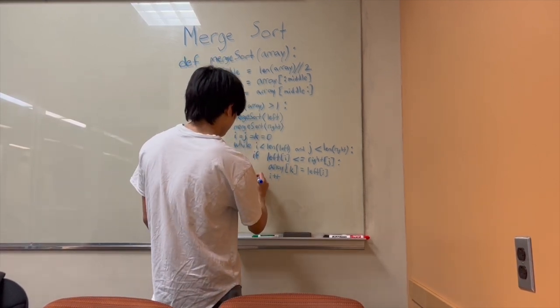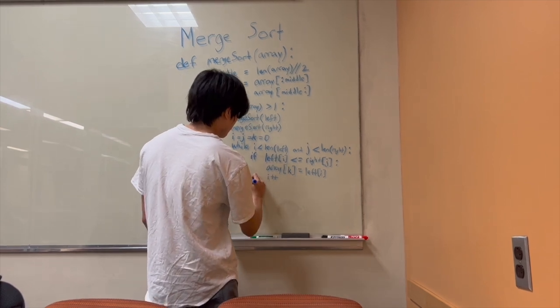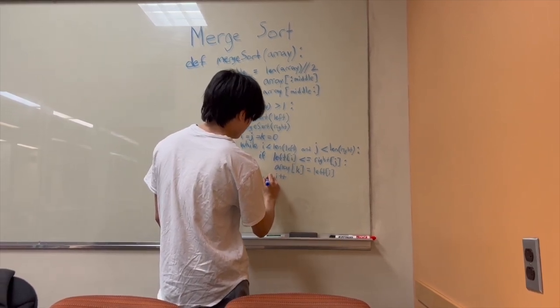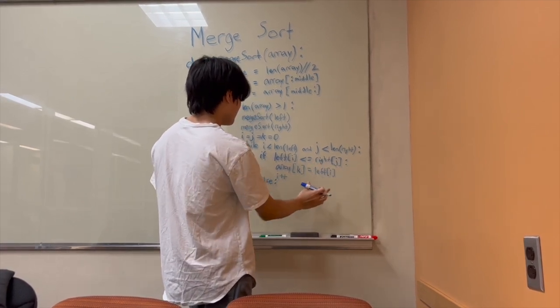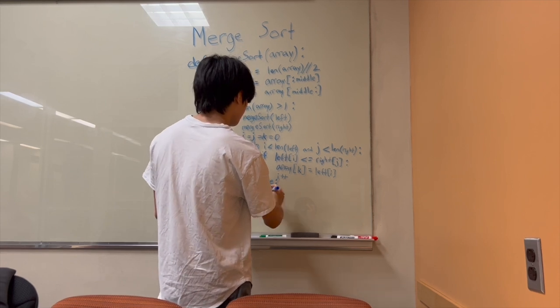And so if this is not the case, then we'll have an else in case the right value is actually less than the left value.